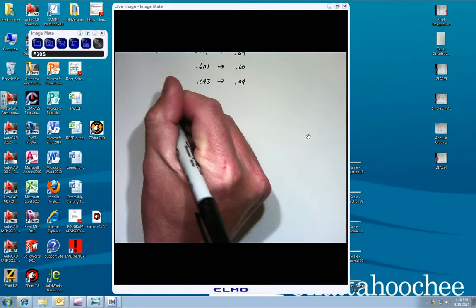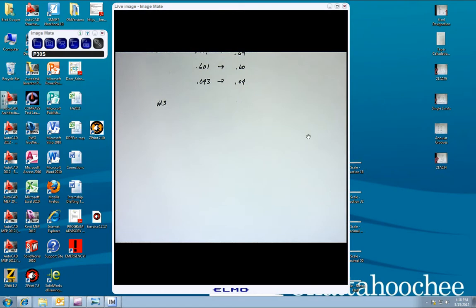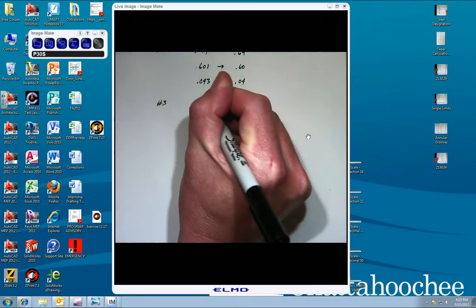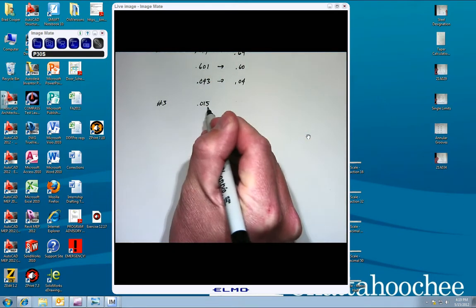All right, so look at rule number 3. When the figure following the last digit to be retained is exactly 5. All right, the other two rules were more than 5, less than 5. This is saying when it's exactly 5 and the figure to be retained is odd, increase the last number by 1. Okay, so let's look at an example of that. Okay, so the last number is exactly 5.